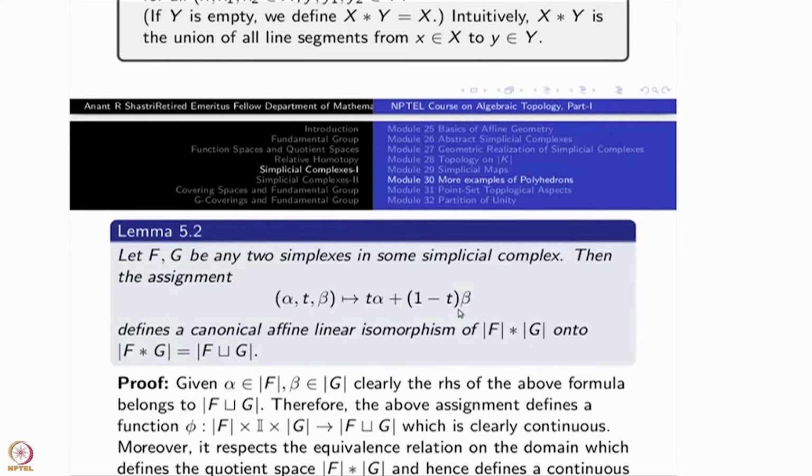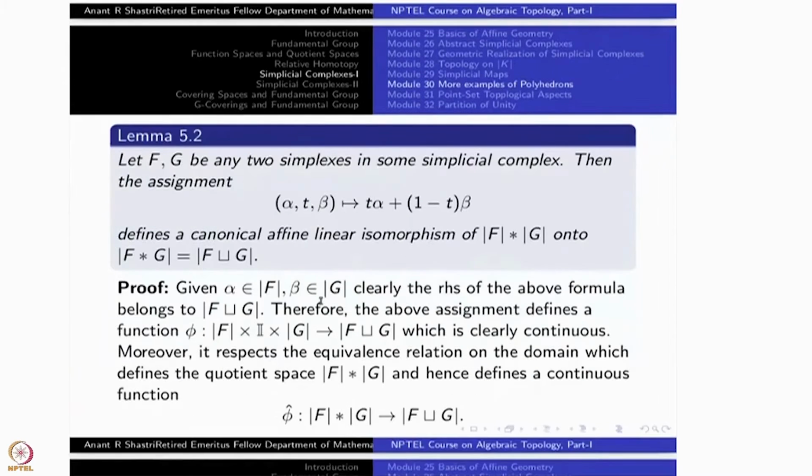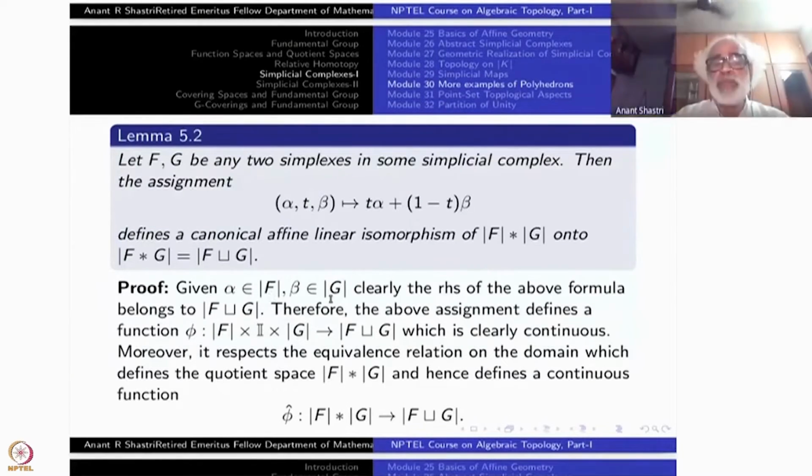Given alpha and beta inside mod f and mod g respectively, the right hand side in the above formula belongs to mod f star g, because you can think of alpha as a function on f disjoint union g, taking value 0 on all points of g.